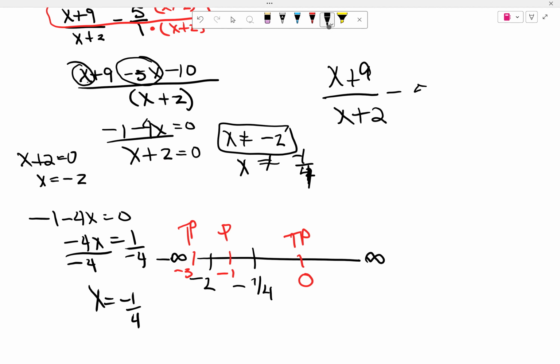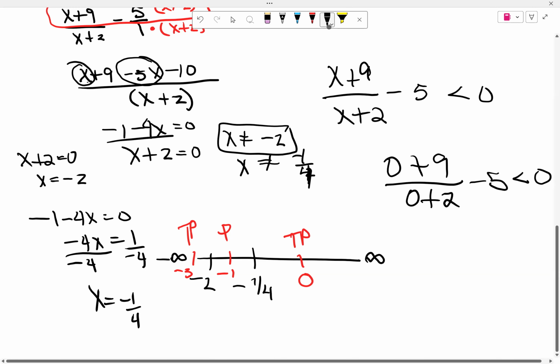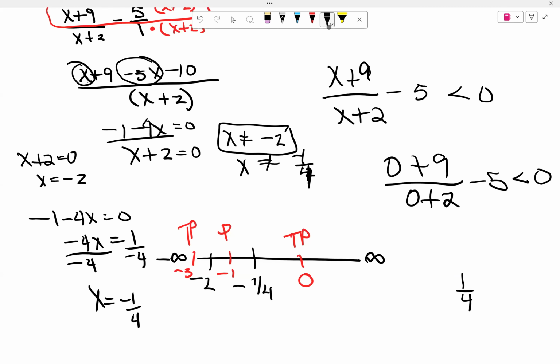So -5 is equal to or less than 0, right? We're just subtracting the 5. So just to test it quickly, if it's 0, and you put in 0 plus 9 over 0 plus 2 minus 5, obviously that's a negative number. So that's a winner. So I know right away one of the solutions is -1/4 to infinity.